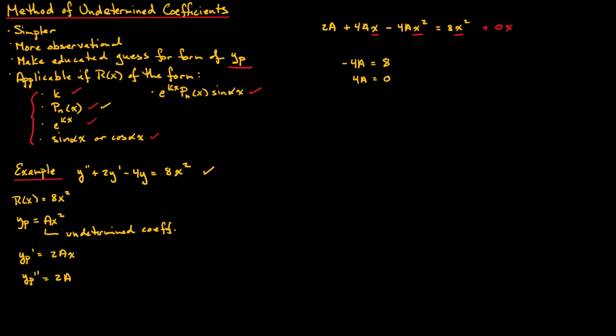We also have a constant term here, but we do not have a constant term on the right-hand side. But this equation suggests that 2a should also be equal to 0. So if you're confused and you see that there are some contradictions, you're not alone. a cannot simultaneously be equal to 0 and minus 2.